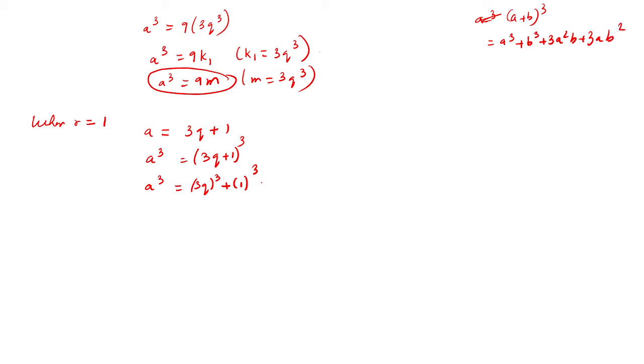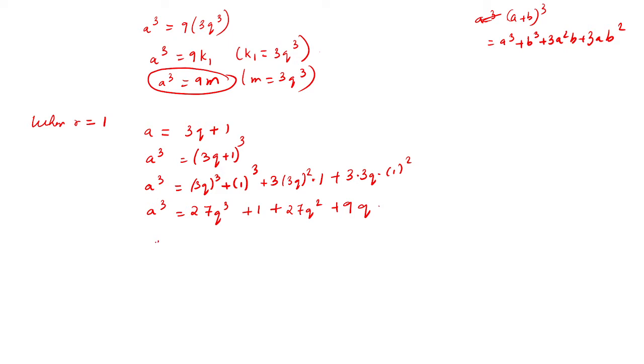So this is going to be 27q cube plus 1 plus 3 into 3q square into 1 plus 3 into 3q into 1 square. So you get 27q cube plus 1 plus 27q square plus 9q.